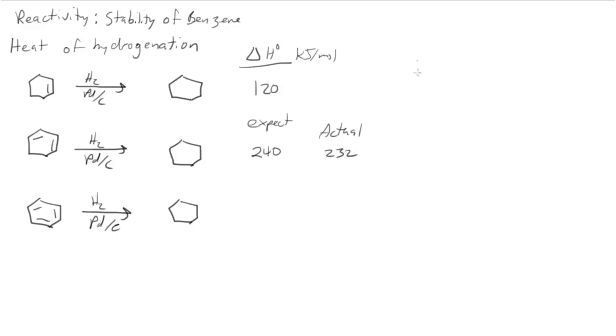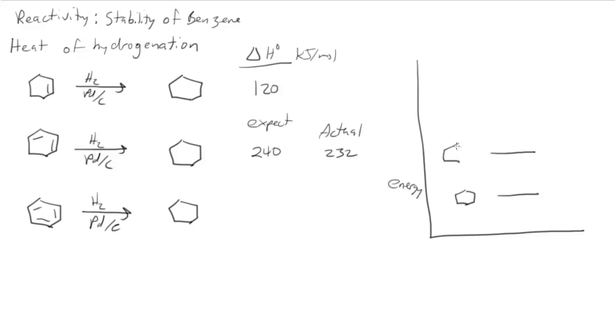If we're putting this on an energy diagram, where here at the bottom is cyclohexane, that's the most stable, here's energy. And then up here, we have cyclohexene. Not quite double, so a little bit below double, we have cyclohexadiene. So this is plus 120.